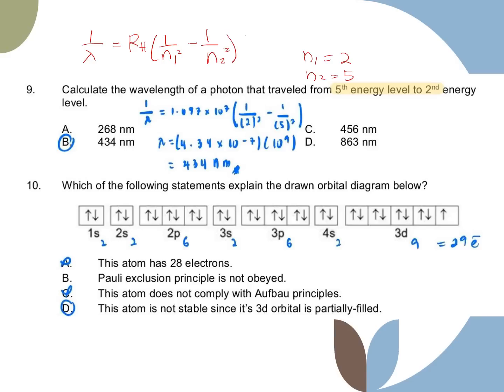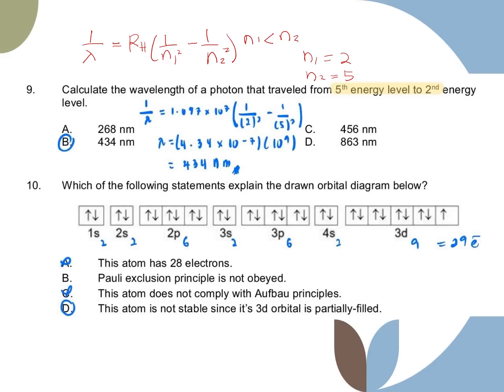Make sure your N1 must be less than N2, because lambda must be a positive value, since lambda is distance. If N2 is smaller than N1, you will get a negative answer.